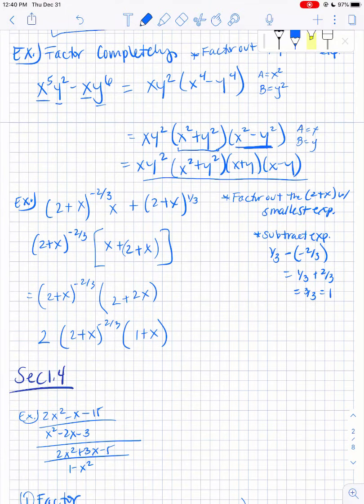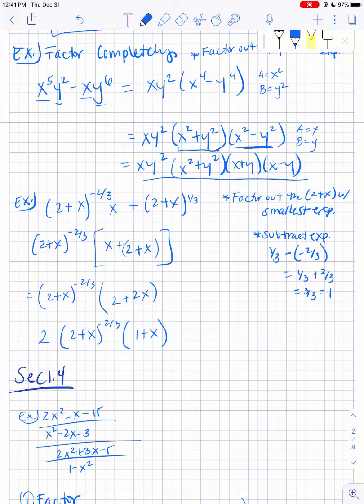Okay, and then this next example is factoring with fractional exponents. So again, we want to factor out the things that are in common, but with the smallest exponent. So I want to factor out the 2 plus x with the smallest exponent. Minus 2/3 is smaller than 1/3 because it's negative, so that's the smaller one. So I factor it out.